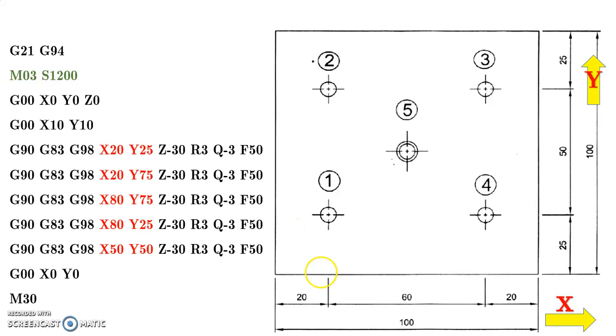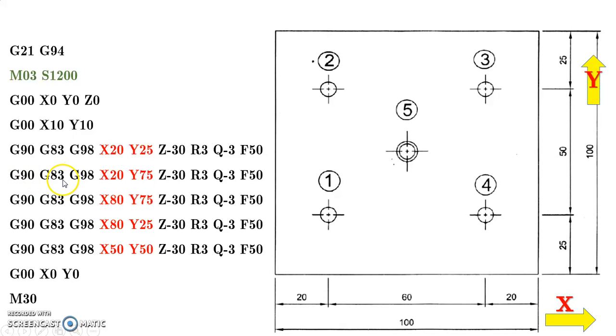Initially the tool will go to X20, Y25, hole number 1. This is the x axis, this is the y axis. It will reach the first hole. Then it starts the first drill to the retraction value of R3 with a feed of F50, and the operation will be continued by the next line. After finishing this drill, it will completely reverse back. That's why we are following G98. It will retract to the top.